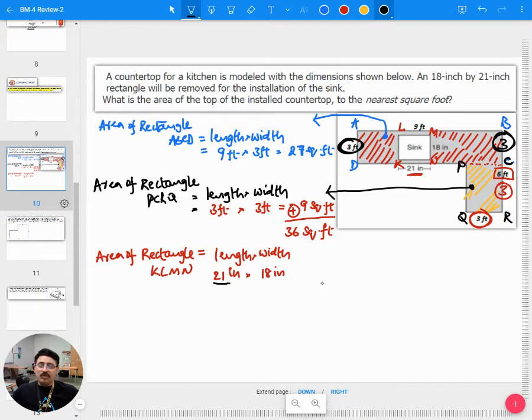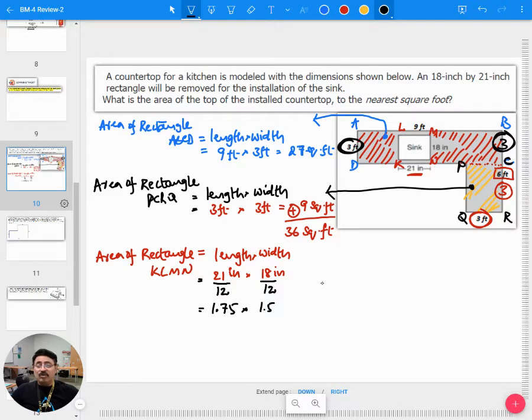As 1 foot equals 12 inches, therefore 21 over 12 and 18 over 12. Here, 21 over 12, I believe it is 1.75, but still let me check. 21 divided by 12, yes, it is 1.75. And 18 over 12 is 1.5.